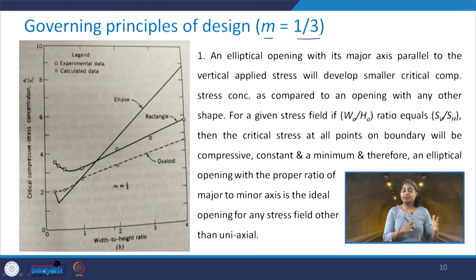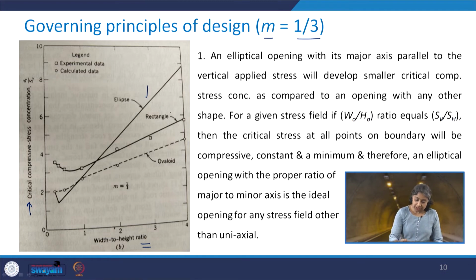So from that table that I showed you in the previous slide, again here, as we did in the case of the uniaxial state of stress, we try to plot the value of the critical compressive stress concentration with reference to the width to height ratio. There are 3 plots as you can see.